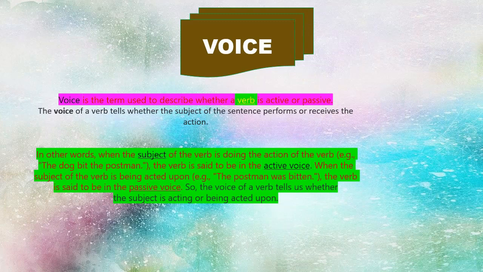So, the voice of the verb tells us whether the subject is acting, it is a doer, or being acted upon, that is, it is the receiver of the action. Let's move on to our next slide. I hope it is very much clear to you what is voice.